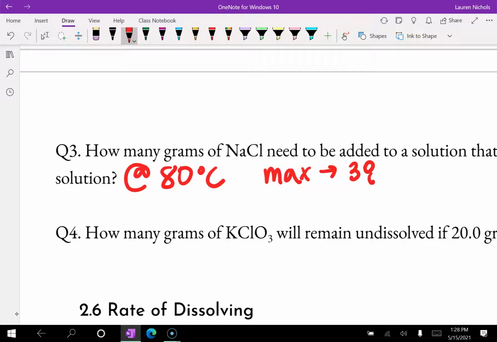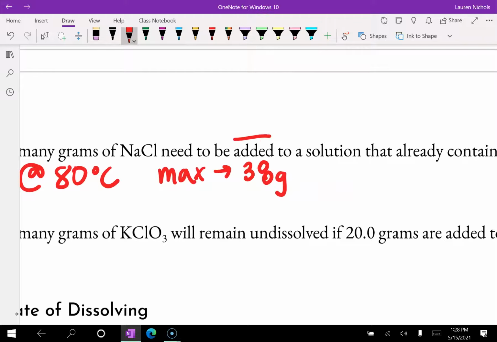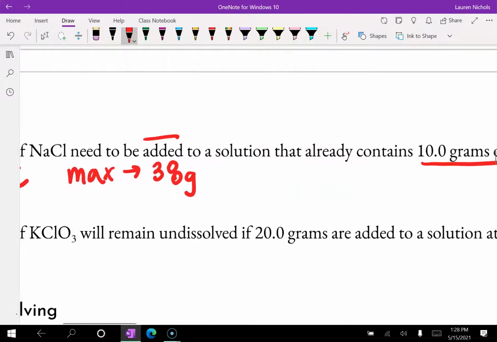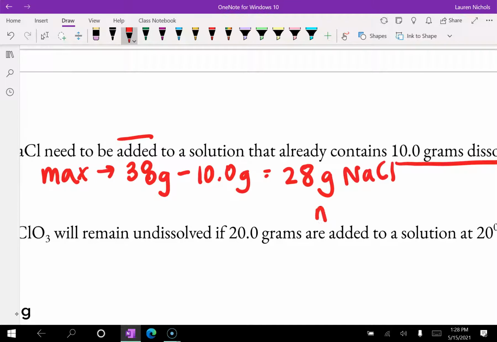So if the maximum is 38 grams, they want to know how many grams need to be added to the solution because it already has 10. So 38 minus 10 grams will give us 28 grams of NaCl needed. So you're just kind of manipulating the numbers to find your answer.